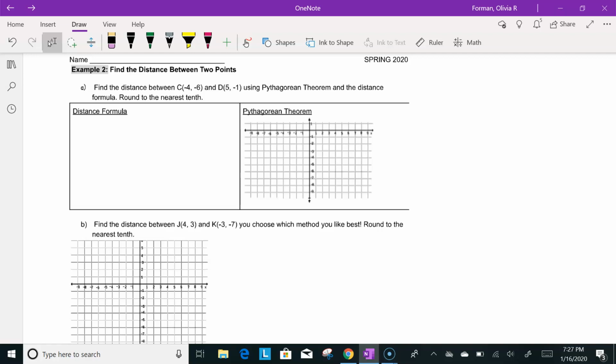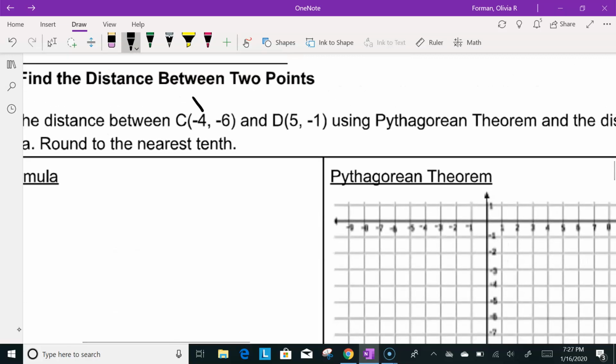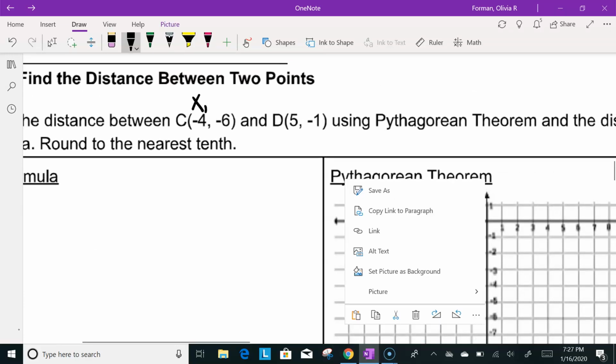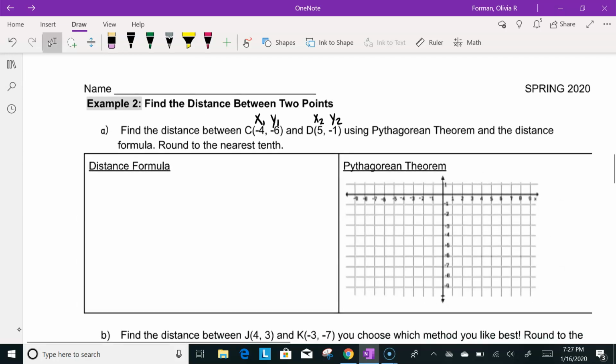So on the back of the page, it says find the distance between point C, which is at -4, -6, and point D, which is at 5, -1. The first thing I always like to do is label these. So I'm going to call C x1, y1. And I'm going to say point D is x2, y2. Okay.